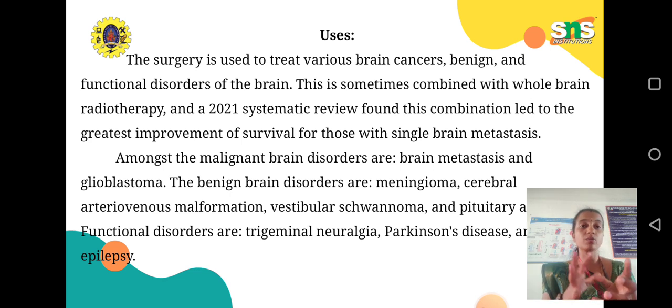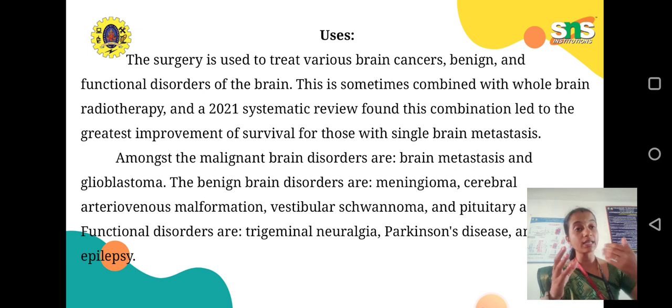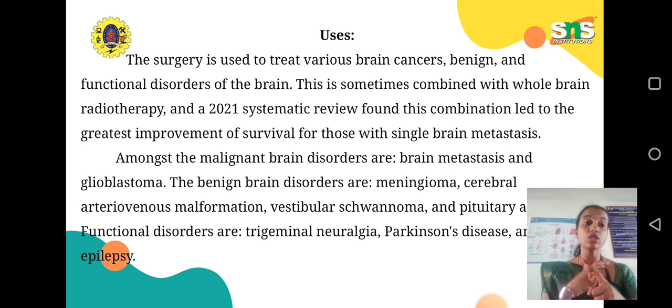What disorders do we have? We have malignant brain disorders, benign brain disorders and functional disorders. For all these three, and the different categories within them, to cure these brain diseases we use stereotactic therapy and stereotactic surgeries.